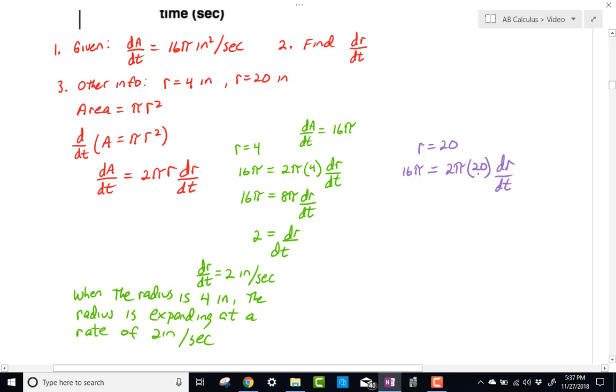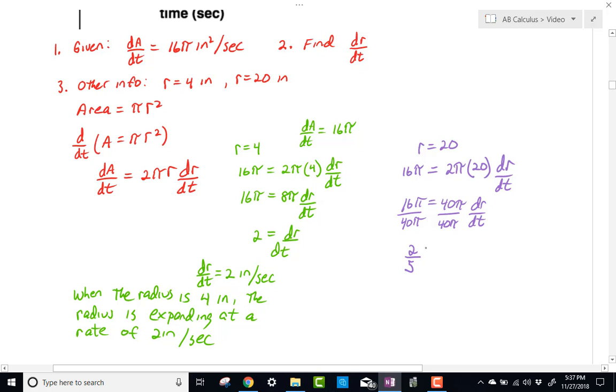So this is going to be 40 pi on both. So we have 16 pi equals 40 pi dr dt. If we divide out 40 pi on both sides, the pi's are going to cancel, and this is going to leave us with 2 over 5, dividing both of those by 8.